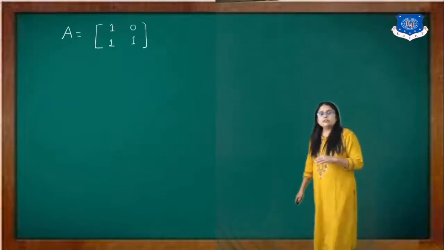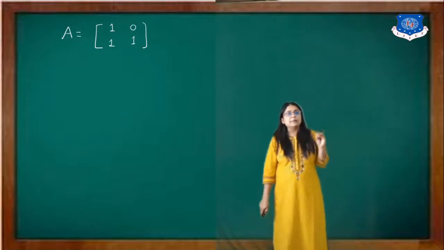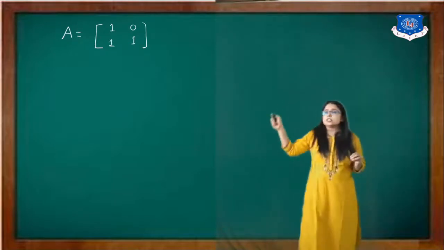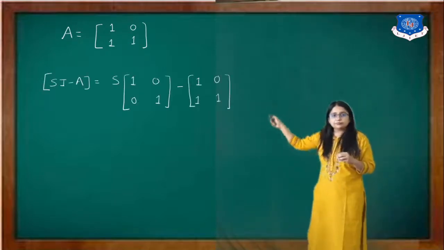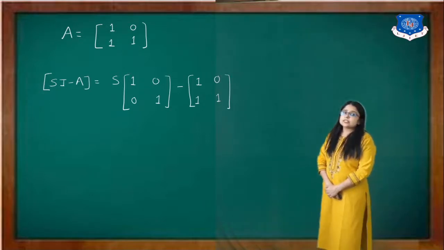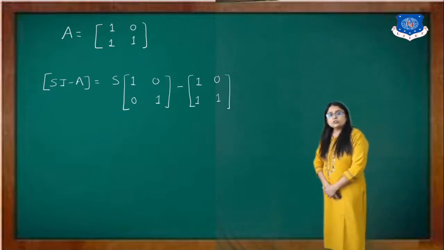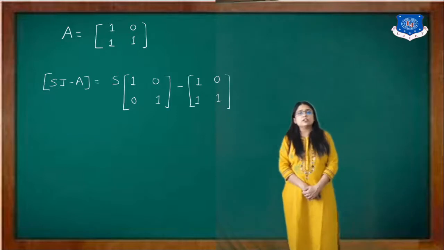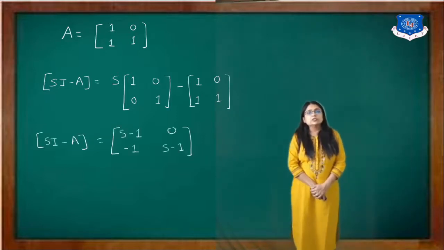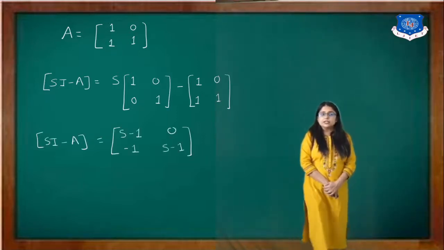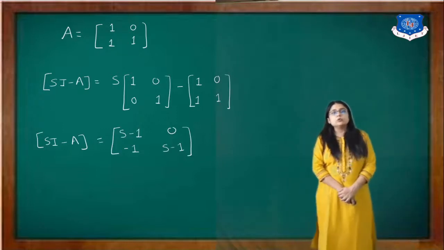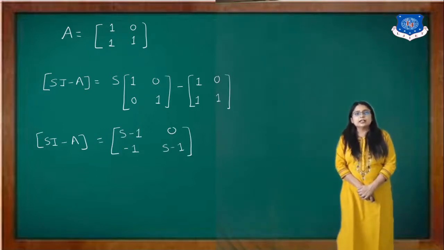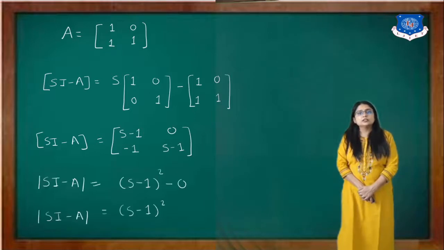So ultimately we want to find sI minus A. Write down the matrix A. So sI minus A is [1 0; 0 1] minus [1 1; 0 1]. This is nothing but [s minus 1, 0; minus 1, s minus 1].